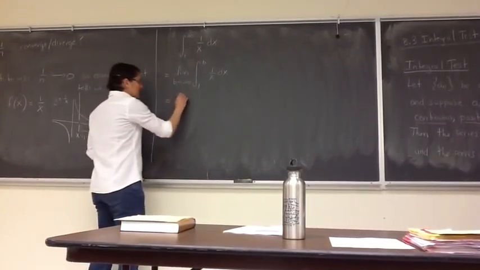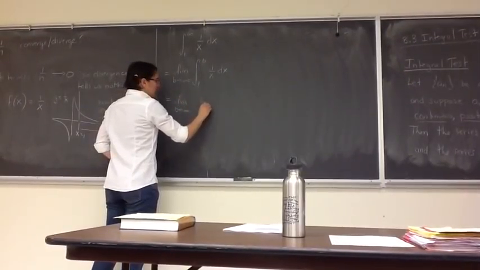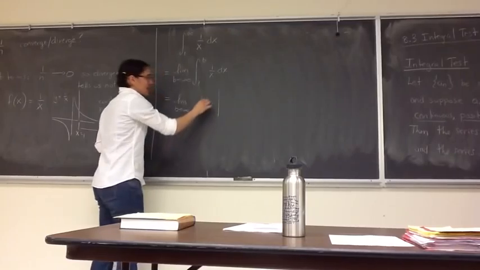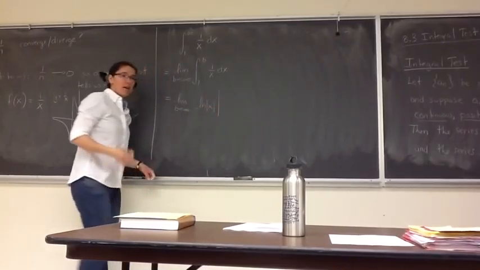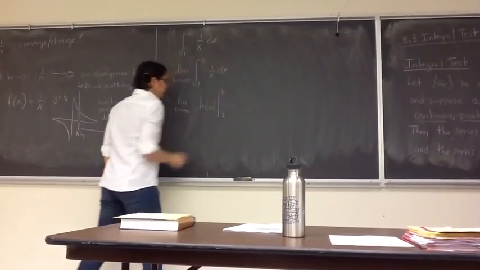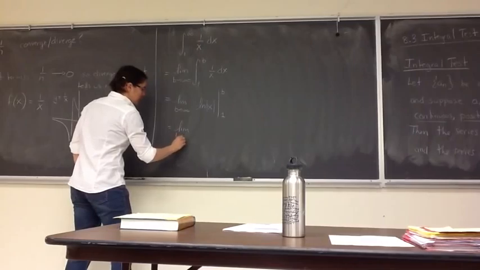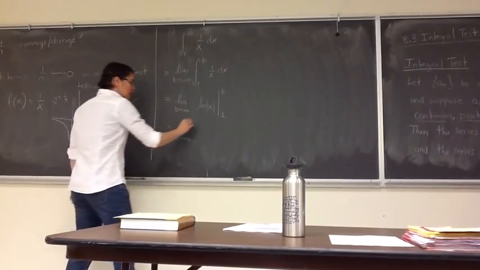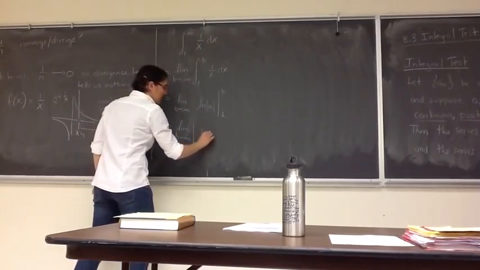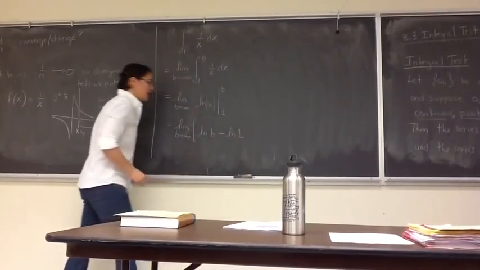Yeah, ln of x. And so we've got the limit as b goes to infinity of ln of x. Technically, it's the ln of absolute value of x, evaluated between 1 and b. So we've got the limit as b goes to infinity of ln of b minus ln of 1.